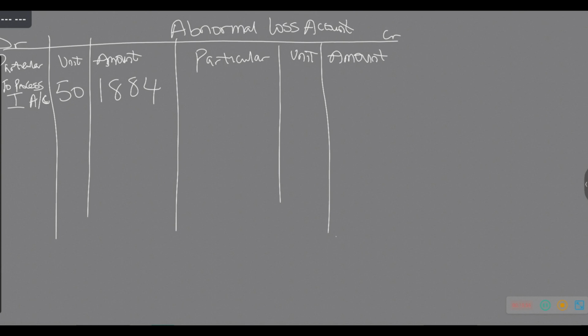On the credit side, we are just selling this, either by bank or by cash, just to balance it. 50 units.